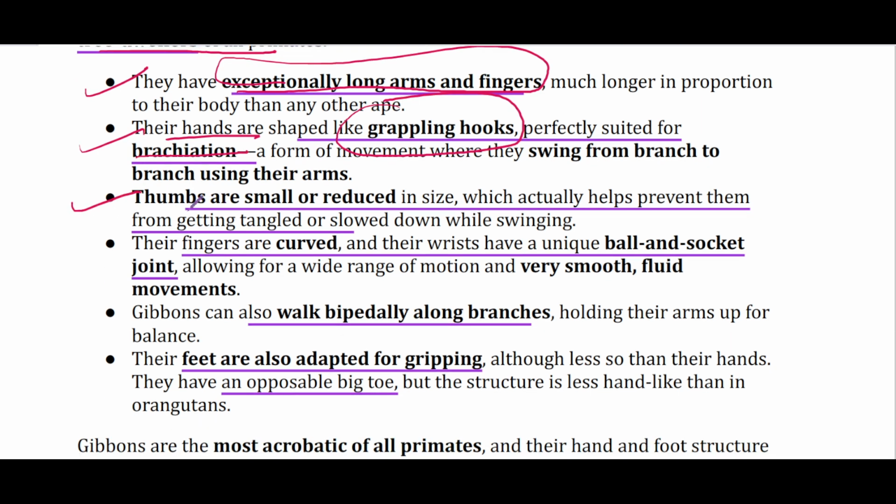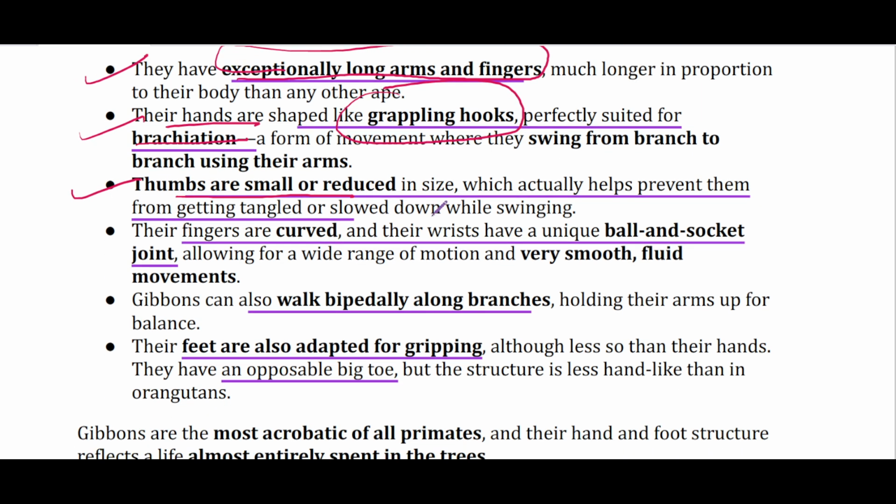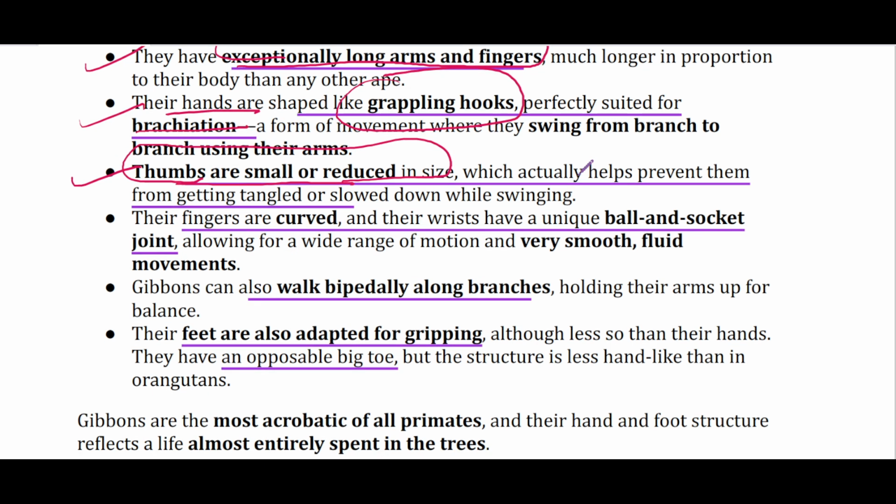Then they have a small thumb. It may reduce the precision grip, but it actually helps them prevent getting entangled or interfering in their movement.